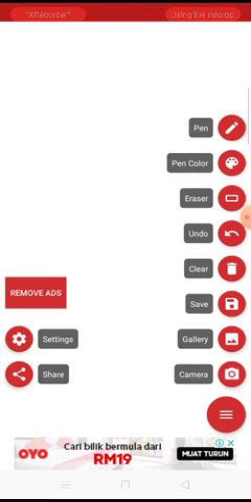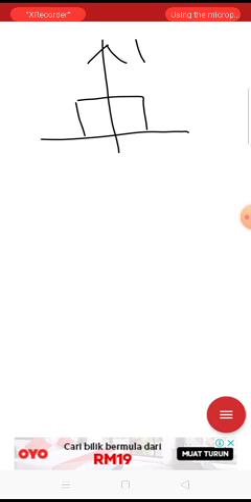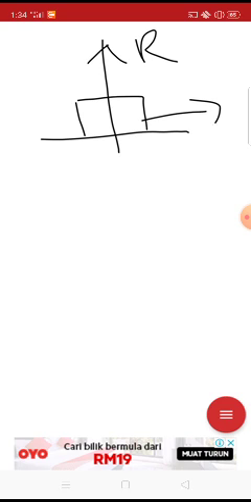Referring to example 1, a box rests on a horizontal surface, and you have a normal contact force R and a pulling force of 8 Newton.